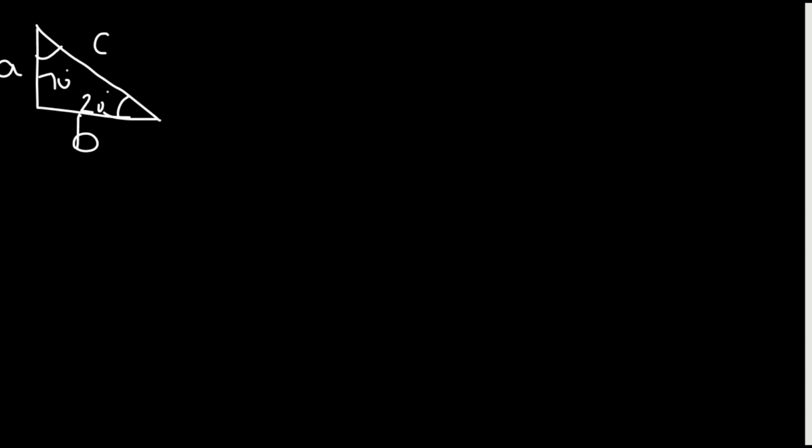So now it is our new triangle. I have not named the sides and all as it's not necessary here. In this particular right angle triangle, can you tell me what is A by C? Whether it is sine or cos, whether it is sine 70 or cos 70.